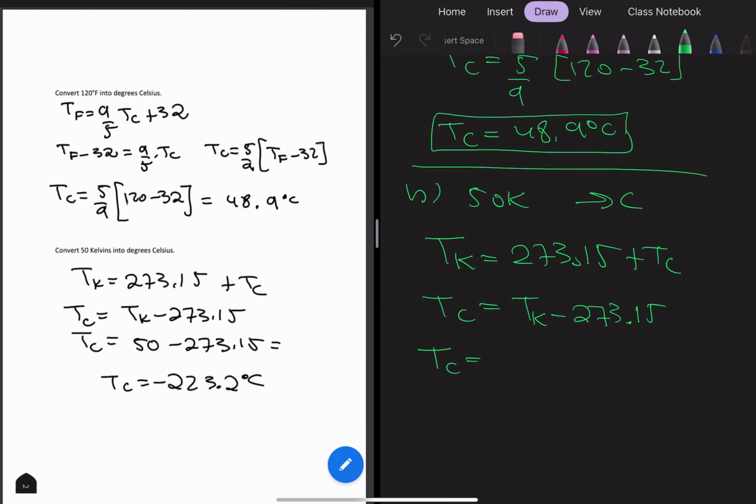Plugging in, it's going to be 50 minus 273.15, and that'll come out to be negative 223.2 degrees Celsius.